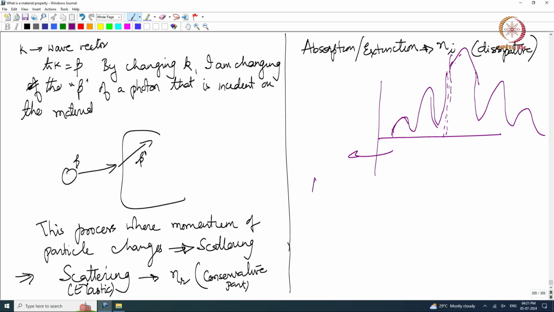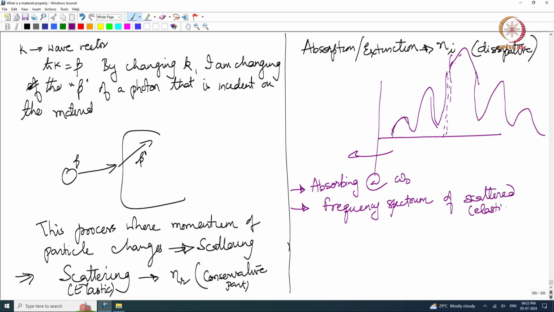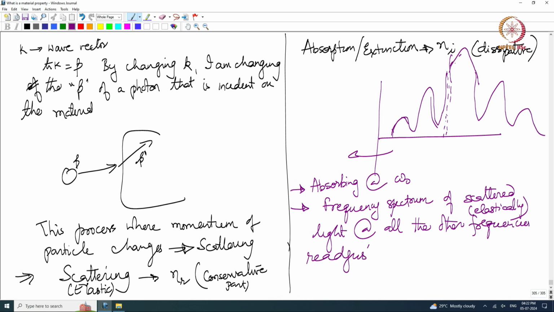So, I am absorbing at omega naught, but the frequency spectrum of scattered light, and by scattered I mean elastically scattered light, at all the other frequencies readjusts itself to preserve causality.